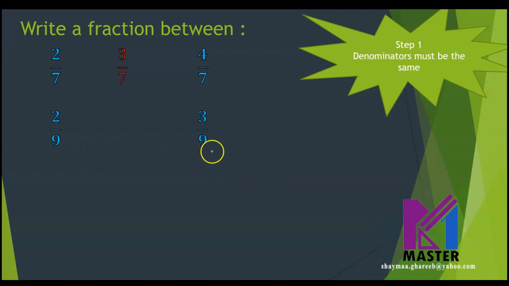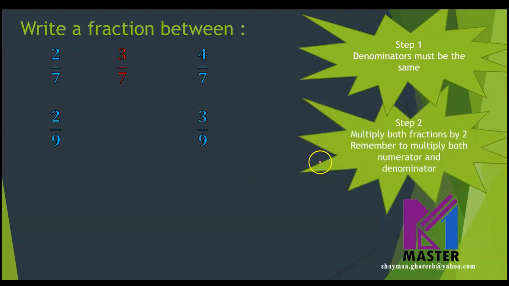In this example, the two fractions have the same denominator. So then we'll move to the next step, which is multiply both fractions by 2. Remember to multiply both numerator and denominator. So we will find an equivalent fraction for both fractions by multiplying by 2 up and down.